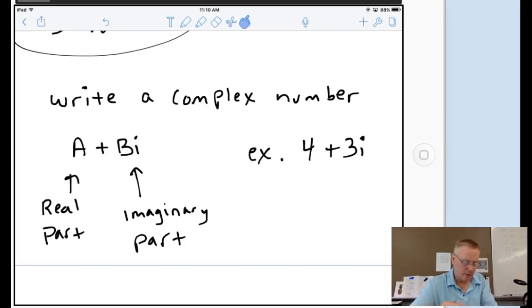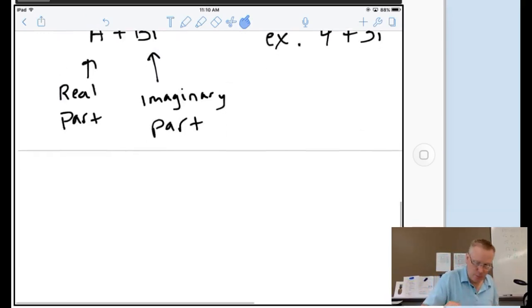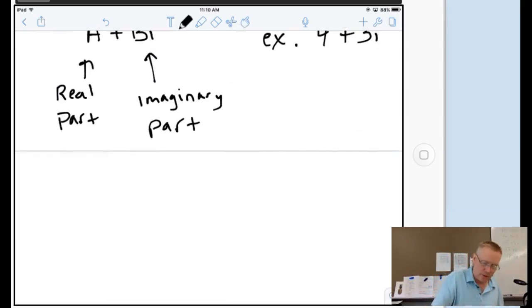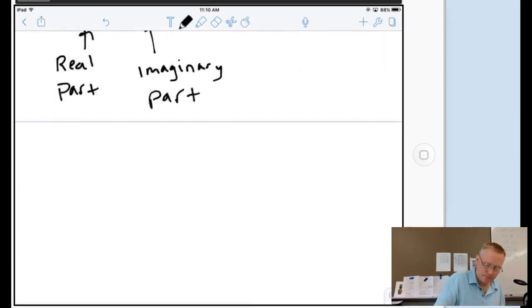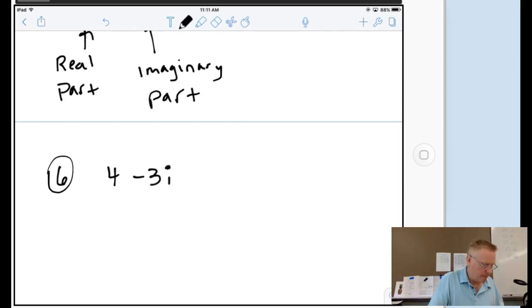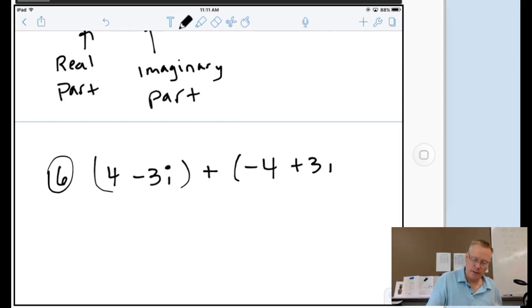Okay, all right. But you can treat these just like regular variables, okay? So if I have 4 minus 3i in parentheses plus negative 4 plus 3i, you can add these together, okay?